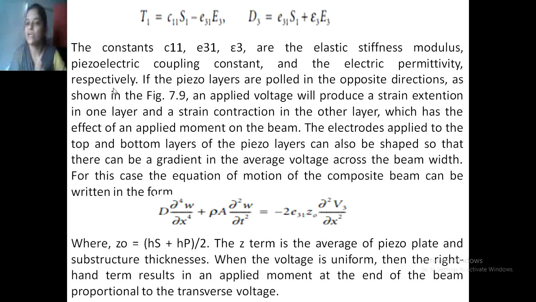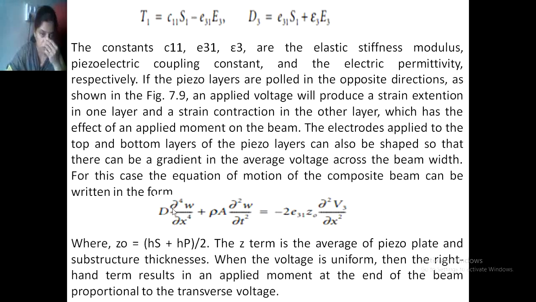The electrodes applied to the top and bottom layers of the piezo layers can also be shaped so that there can be a gradient in the average voltage across the beam width. So for this case, the equation of motion of the composite beam can be written in the form of this equation.